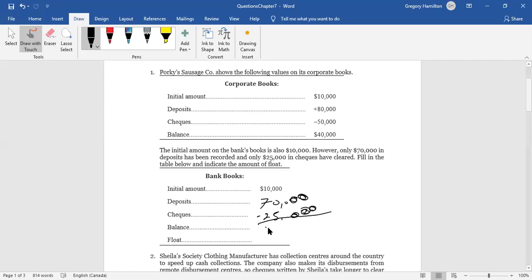Our balance would represent 55,000, right? Yeah. And then the float would be the difference between what? Float would be 15,000, which would be the difference between the 55,000 that we have here and the 40,000 that's in the bank.